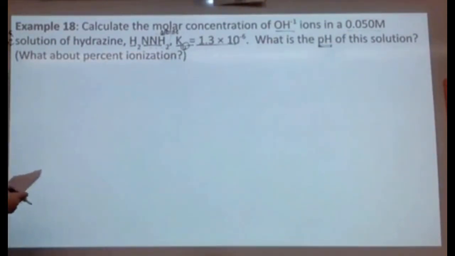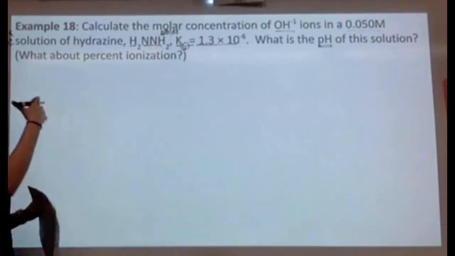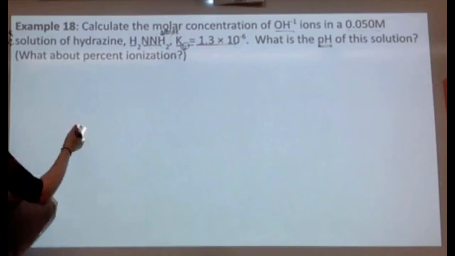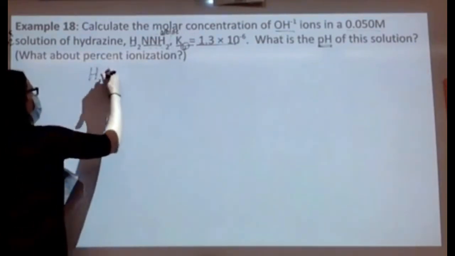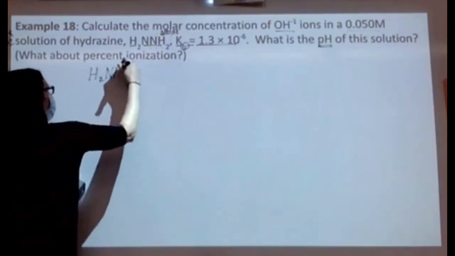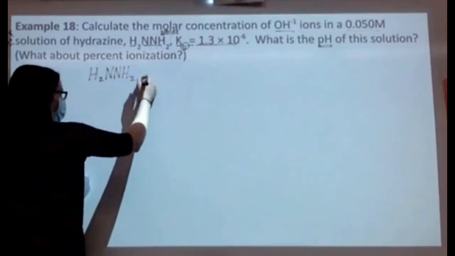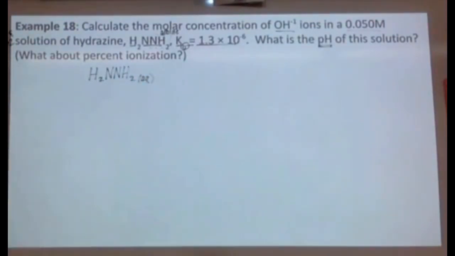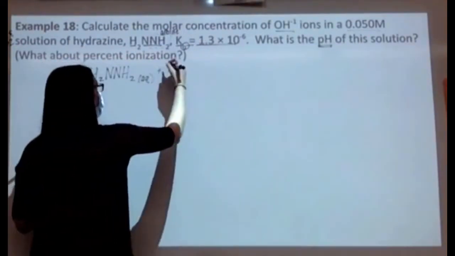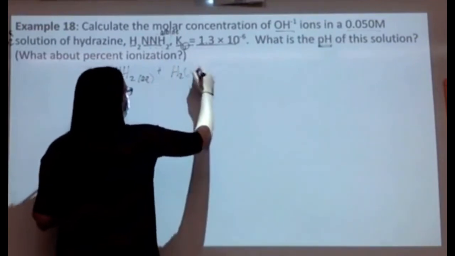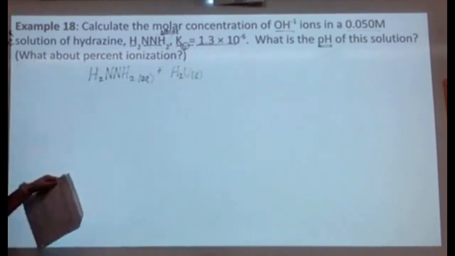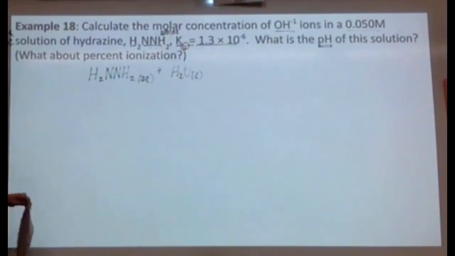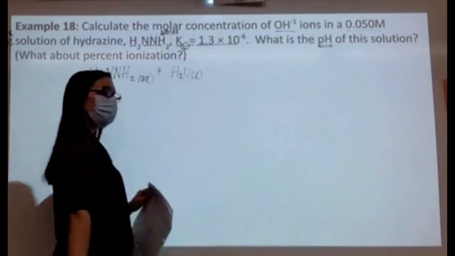So the first thing that we need to do is write the equilibrium equation like we do with acids. Now with bases, we need to make sure to include water. The reason that we need to include water is because bases need to accept a proton. So I think it was your question yesterday on whether you need to include water or not.